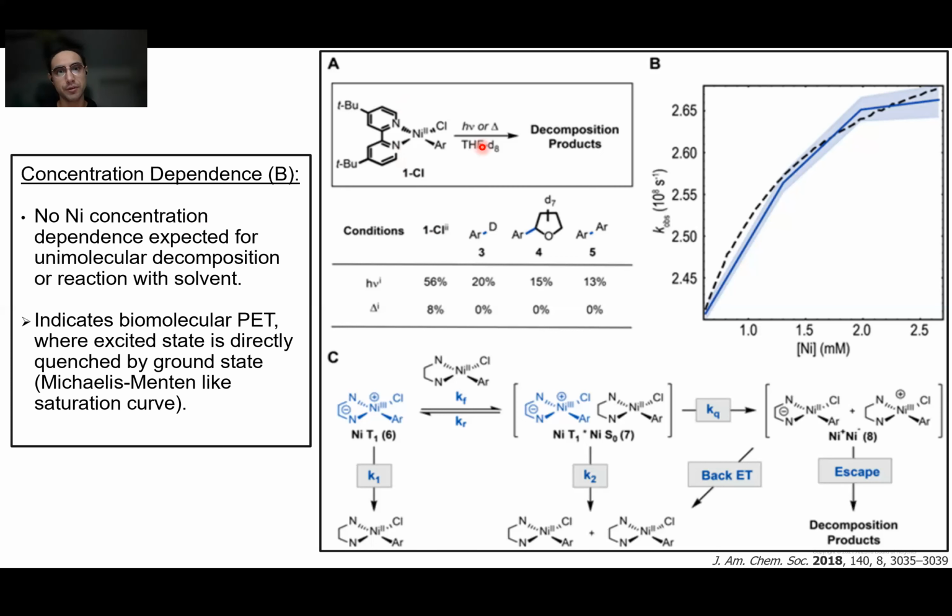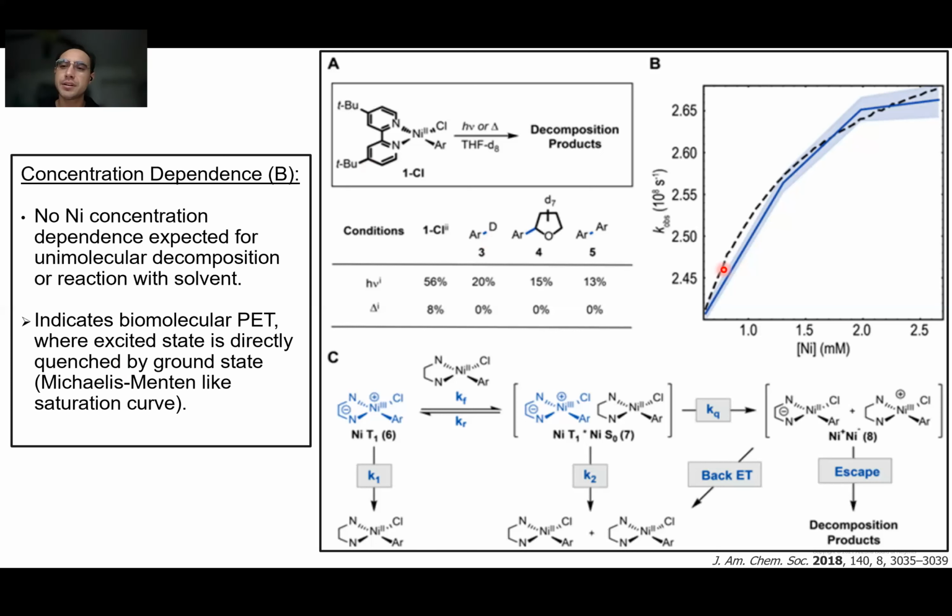Or if it was with just direct reaction with solvent. And so this indicates, this should be bimolecular, sorry, it's a typo, bimolecular photoinduced electron transfer, where the excited state is directly quenched by the ground state version of this nickel complex.